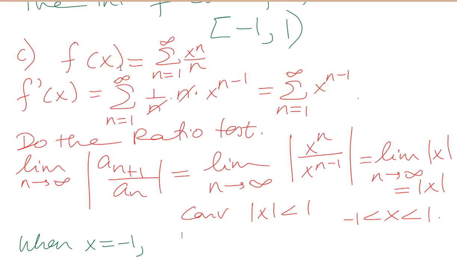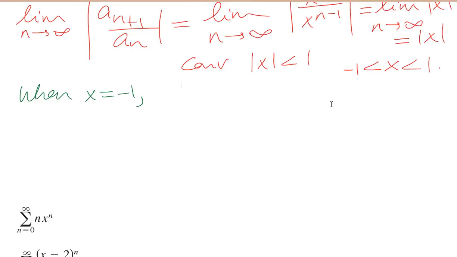Replace x by negative 1, raised to the power n minus 1. When n is 1, 1 minus 1 is 0. Negative 1 to the 0 is 1. And then it's negative 1, and then it's positive 1.